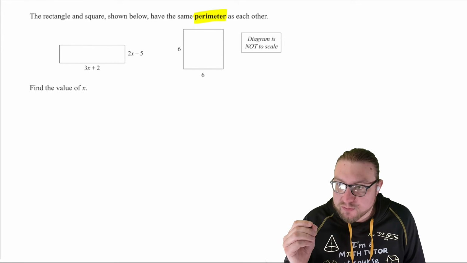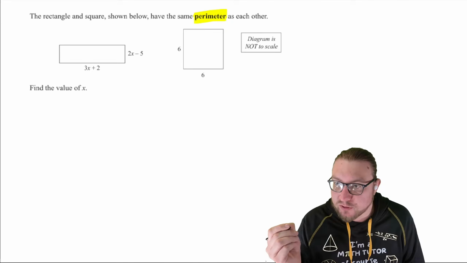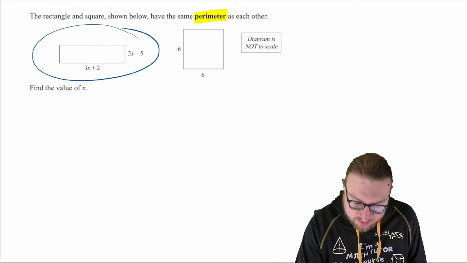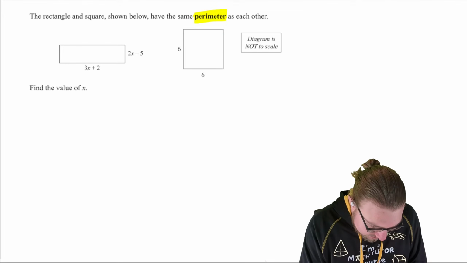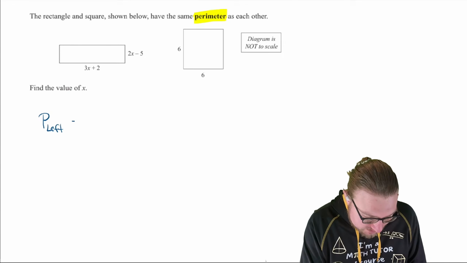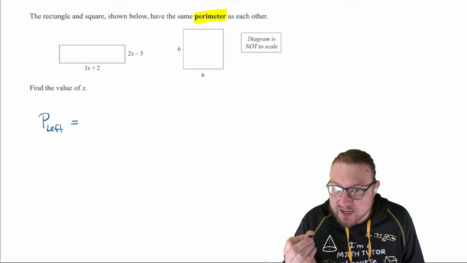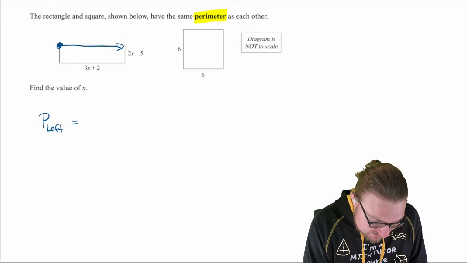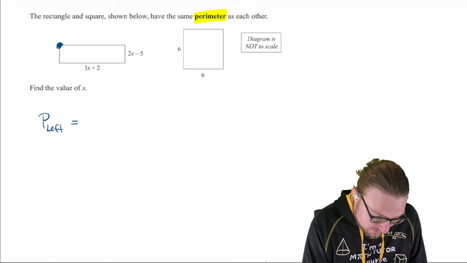If we want to know the perimeter, we need to write down what that is. So let's start with our rectangle on the left-hand side. So we're going to go the perimeter of the left rectangle. And well, how do we do that? Again, we pick a point and we add all of the sides that we have together.